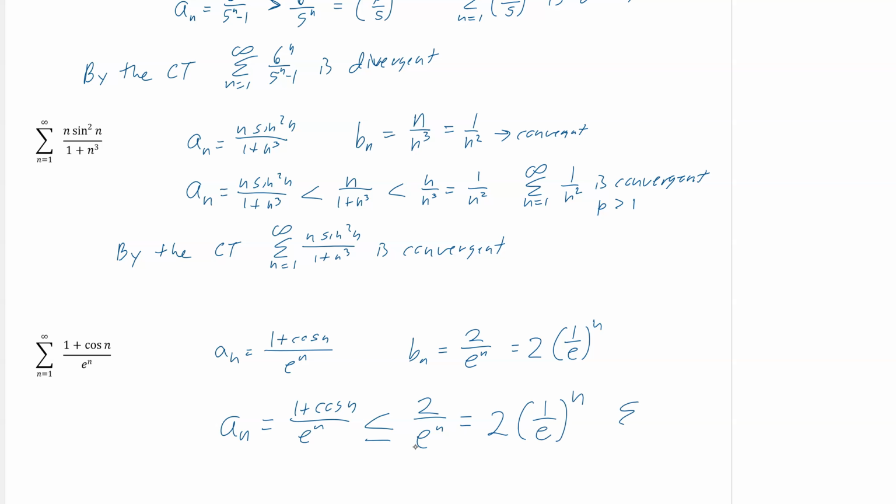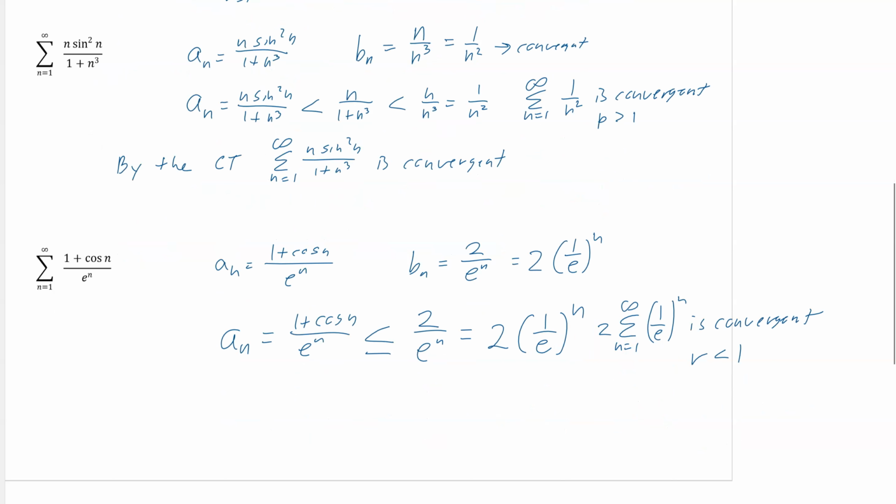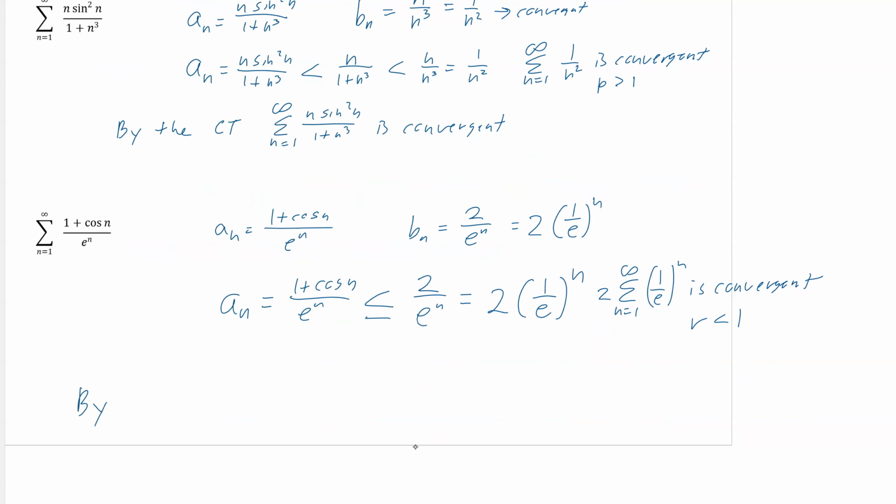And so we know that the sum, and I'm going to put the 2 outside, of n equals 1 to infinity of 1 over e to the n is convergent. Because again, our r is less than 1. So by the comparison test, the sum from n equals 1 to infinity of 1 plus cosine n over e to the n is convergent.